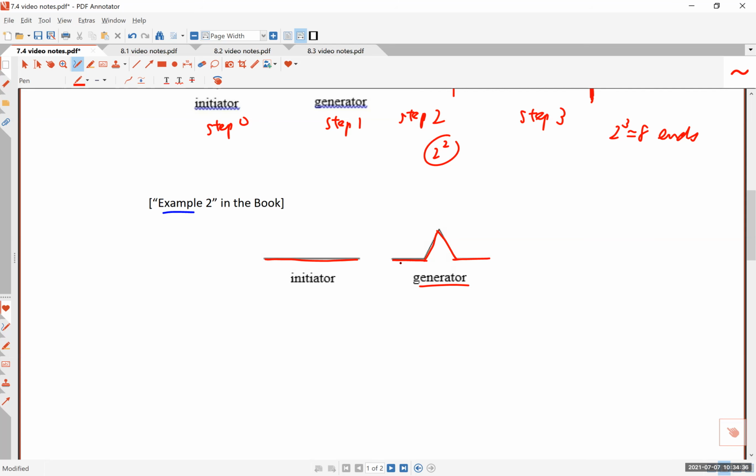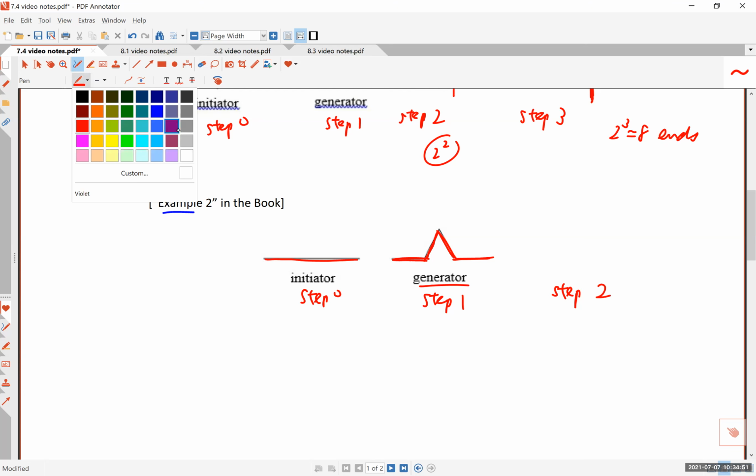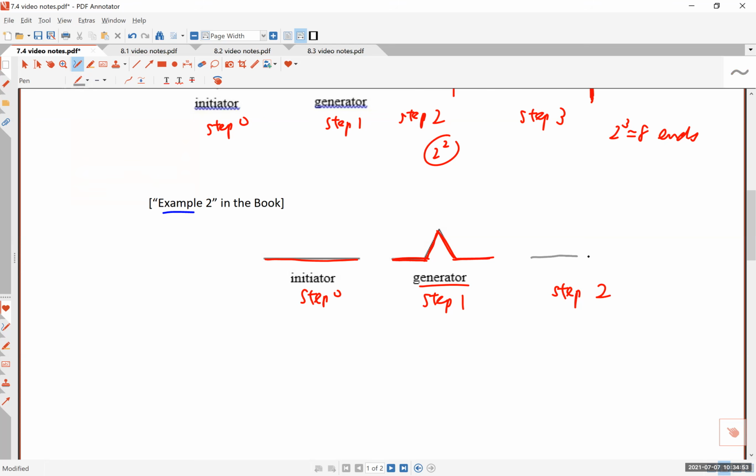But notice here, this is step 0. In step 1, you have 1, 2, 3, 4 line segments. So guess what happens in step 2? Okay, I am going to briefly draw step 1. Step 1 looks like this. I'm making it a little bigger. Notice here we have 1, 2, 3, 4 segments, right?